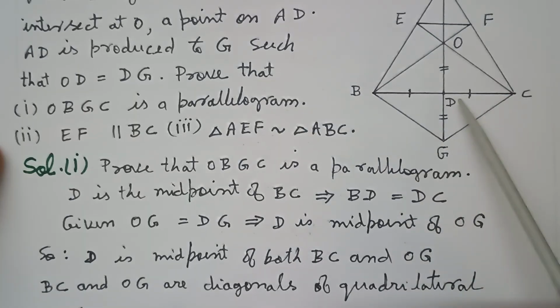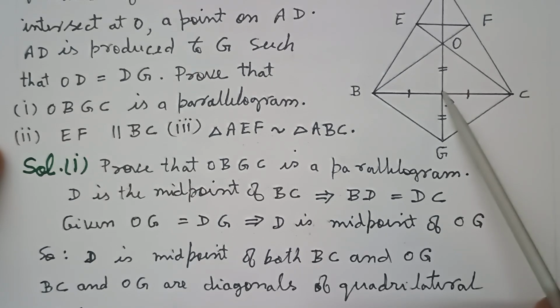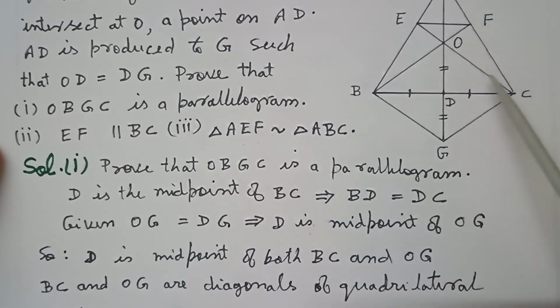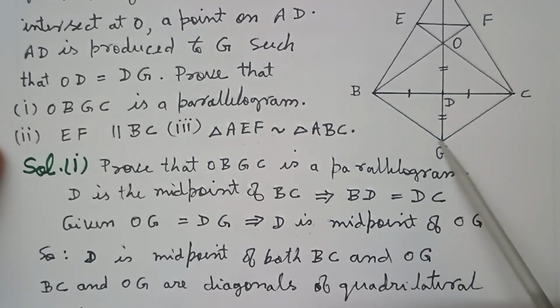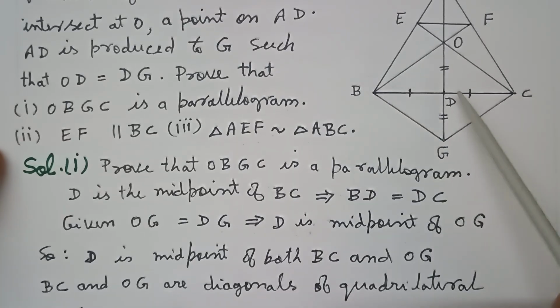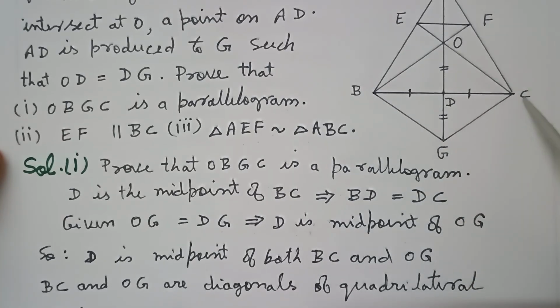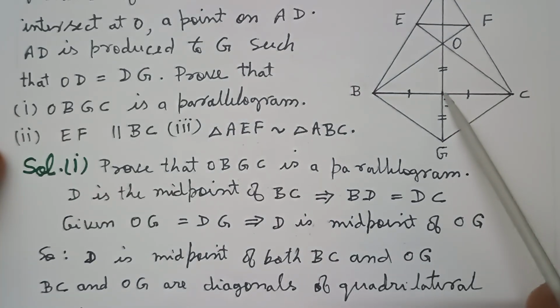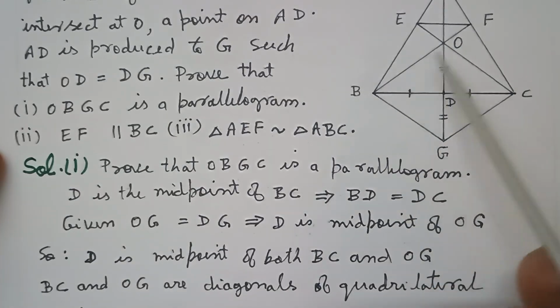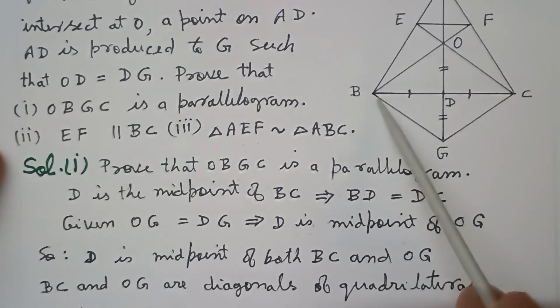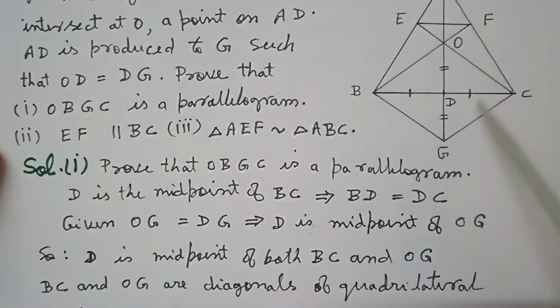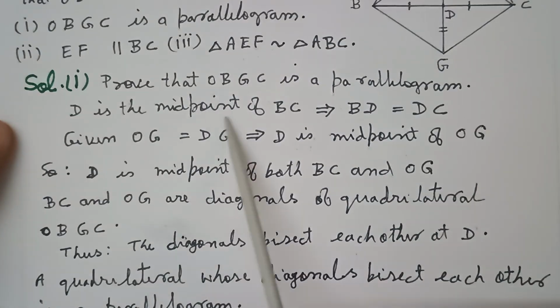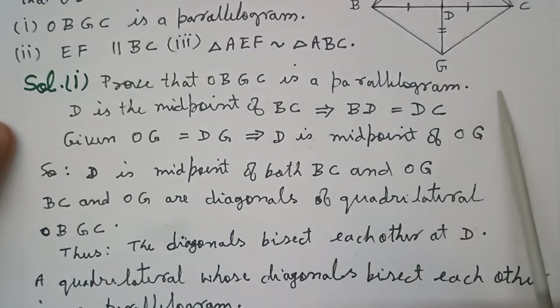So D is the midpoint of BC and OG. That means the diagonals of this quadrilateral bisect each other at the point D. Therefore, OBGC is a parallelogram.